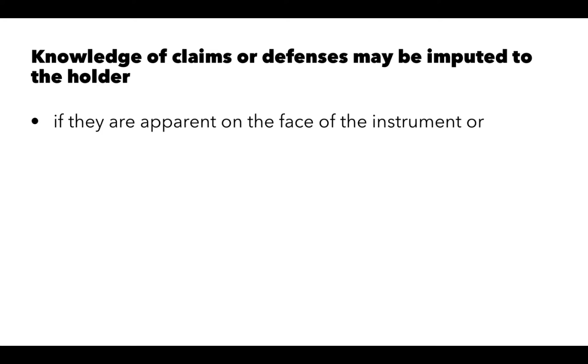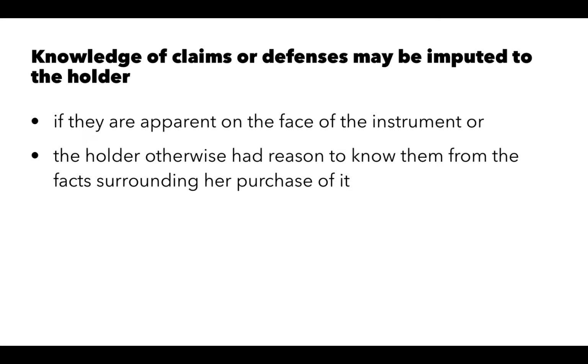Now, knowledge of claims or defenses may be imputed to the holder if they are apparent on the face of the instrument, or the holder had any other reason to know them from the facts surrounding her purchase of it.